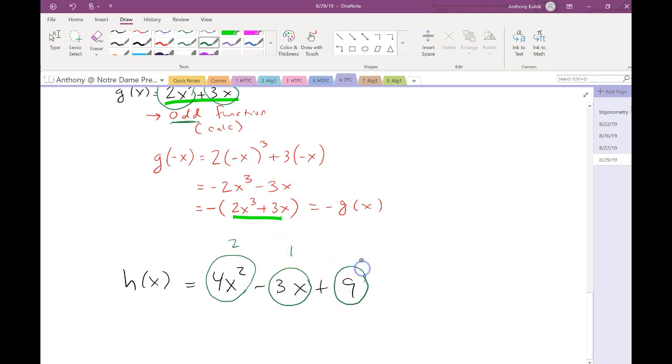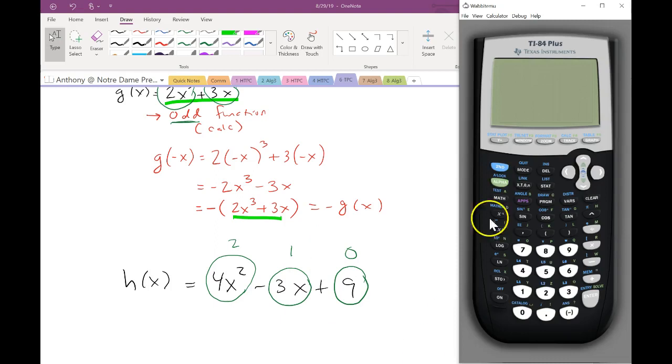And the degree on the last term is 0. Notice that we don't have all evens or all odds, right? So it's likely that this is going to be neither. You agree? Because they're not all the same. I forget what that name is for odd or even when they're all the same. Anyways, that's beside the point.